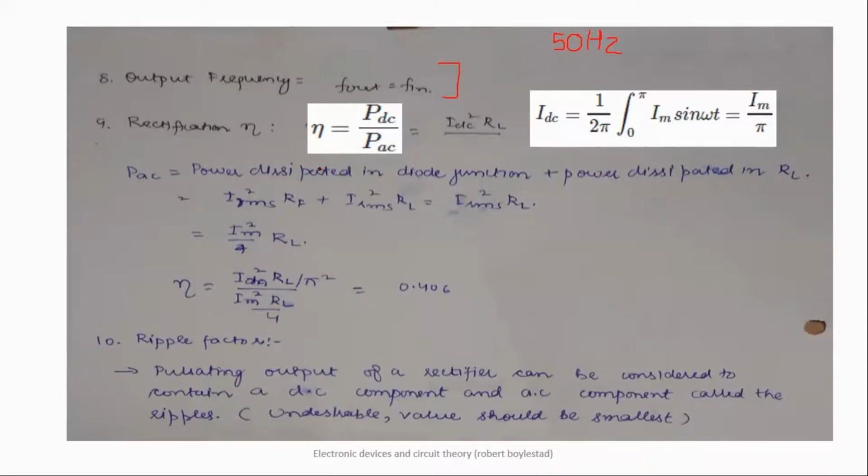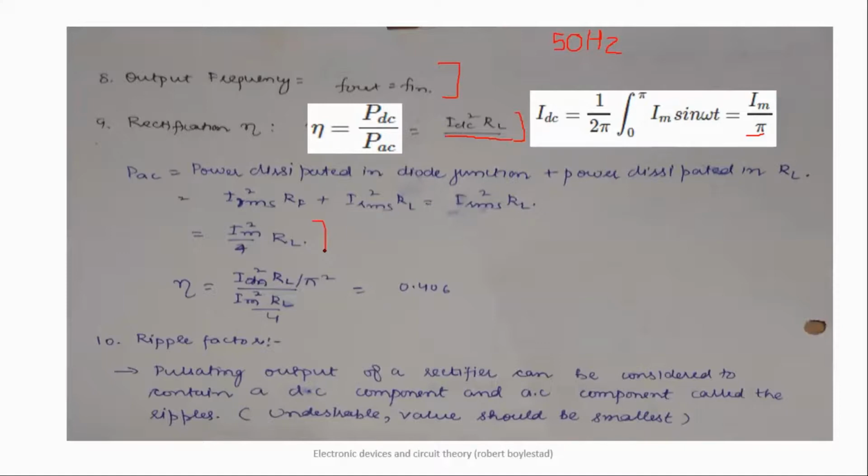Now coming towards the efficiency. Your efficiency is the ratio of DC by AC. So it comes out to be ID square by this. This is your DC and the DC value you can find out from here. And your RMS value, the AC value, is already known to you.